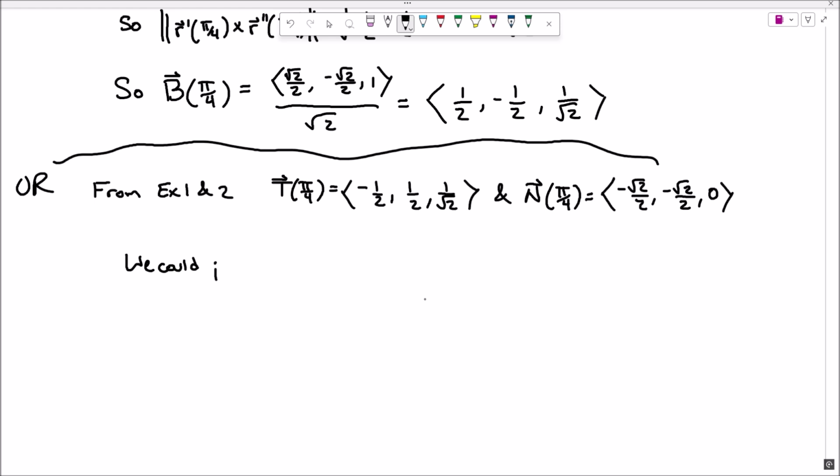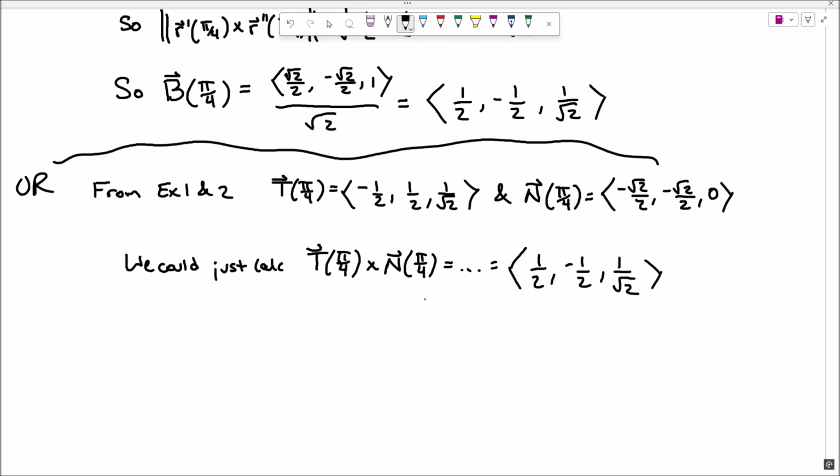So here, I could say that we could just calculate my T of pi over 4 crossed with my N of pi over 4. And I'll skip the work here, but I'll leave that for you to go double check on your own. But if we were to do that, I can guarantee you that you're going to end up with the exact same answer that we did up above.